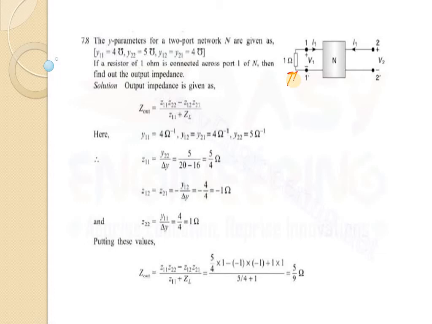Output impedance is given as Zout equals Z22 minus Z12 into Z21 divided by Z11 plus ZL. Now here Y11 equals 4 mho, Y12 and Y21 equals 4 mho, and Y22 equals 5 mho. So using the relationship of Z parameter with Y parameter, that is Z11 equals Y22 by del Y, and putting all these values we have got Z11 equals 5 by 4 ohm.